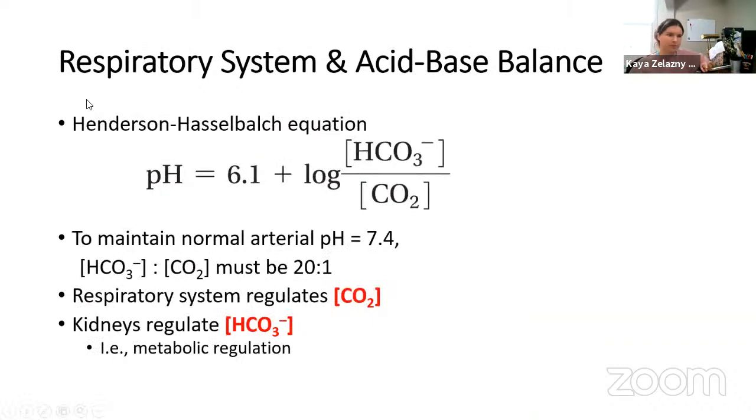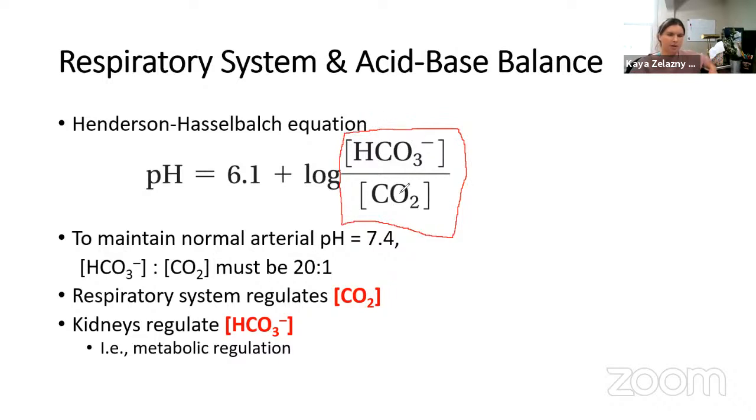So that brings us to the calculation of pH. We're not going to actually worry about calculating out the numbers, but what we are going to be interested in is the fact that part of this equation draws on the ratio of bicarbonate ions to CO2.